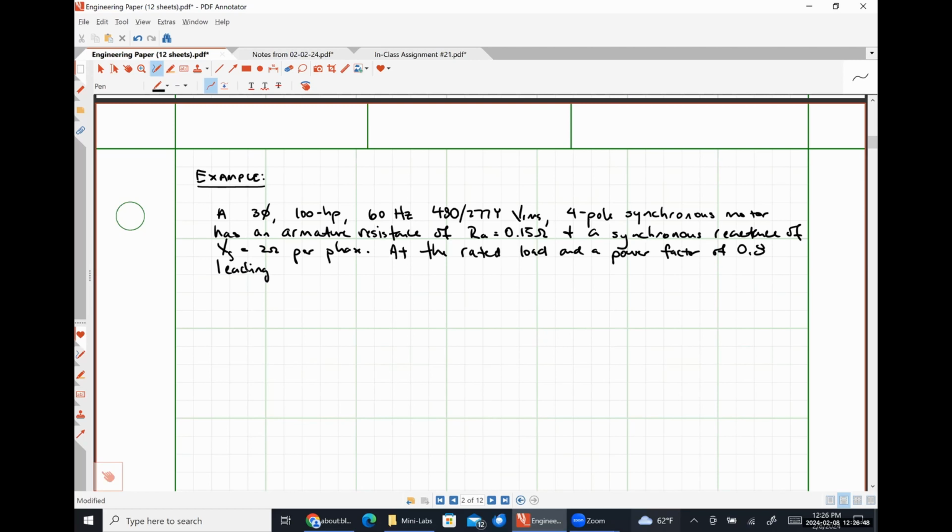The motor efficiency is 95%. And then I want us to determine the maximum developed torque.